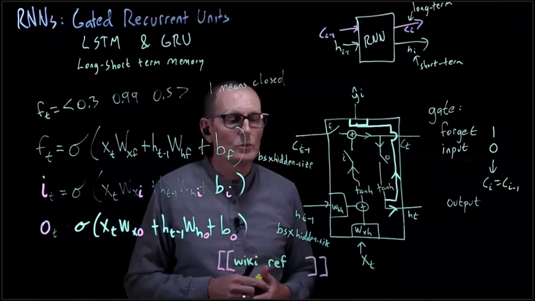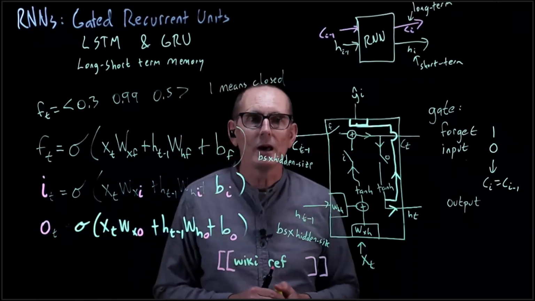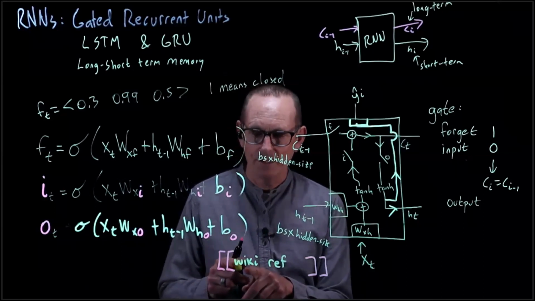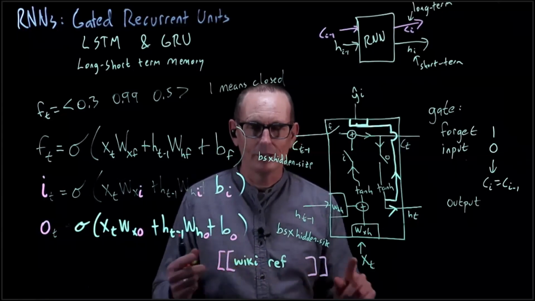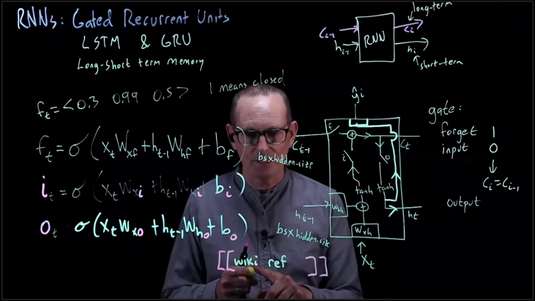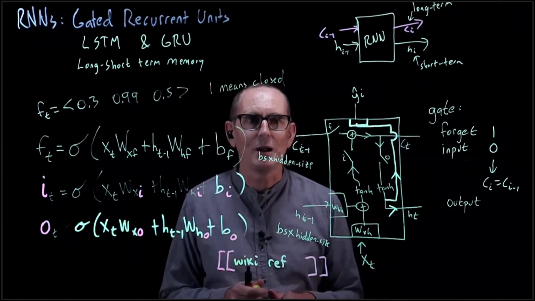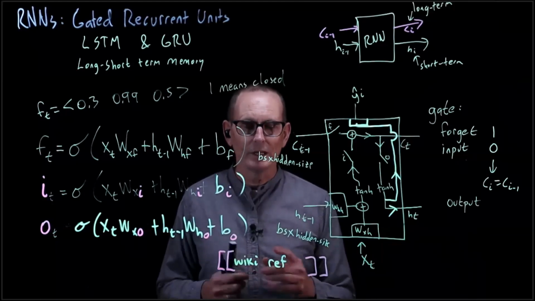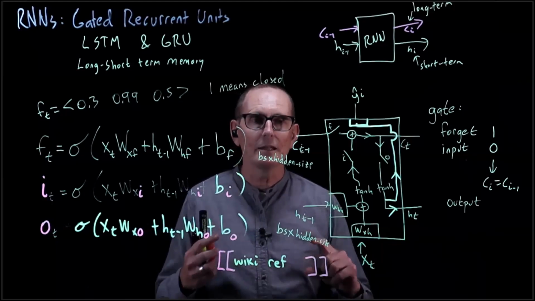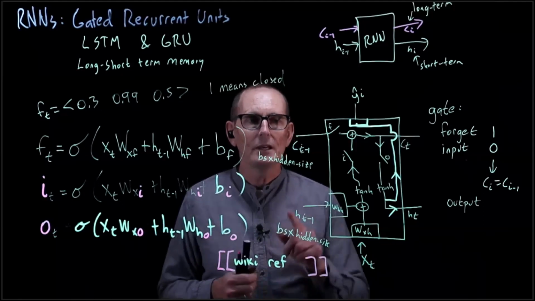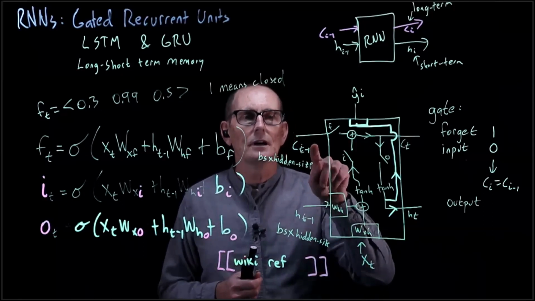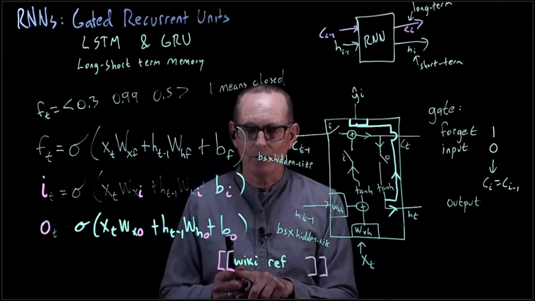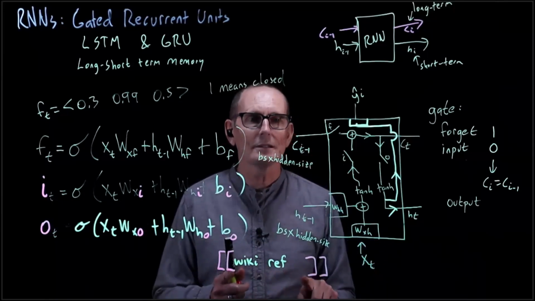If you were a language model for Wikipedia, you might have different stuff inside a wiki reference than outside the reference, right? There's probably some format in here. There's probably a URL, for example, some other sort of stuff. So you might want to keep track of whether you're inside these double square brackets or not. So you could imagine one component of this long-term memory here might keep track of, I'm inside double square brackets.